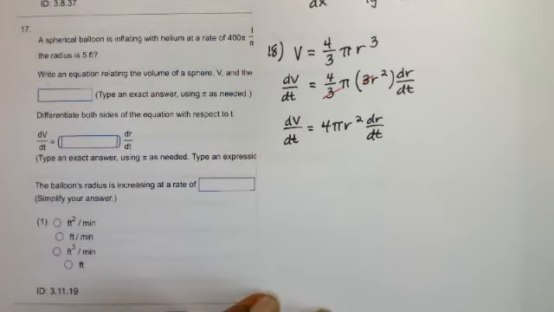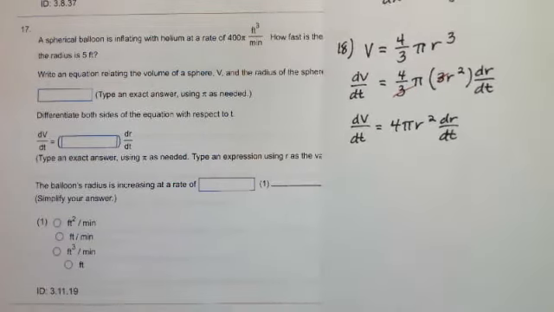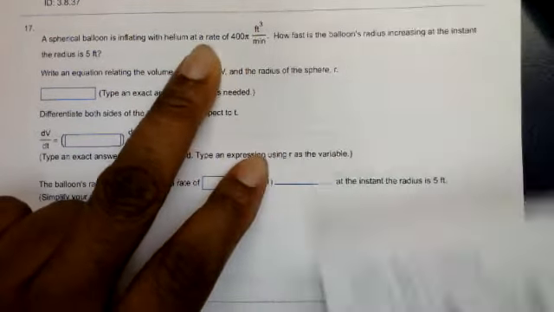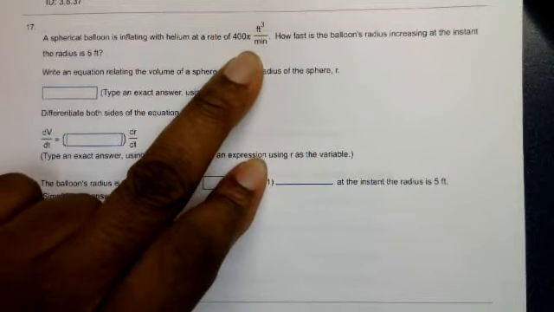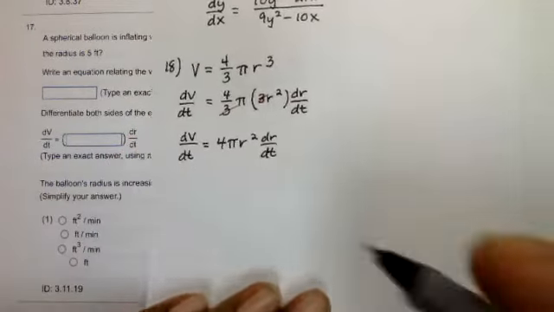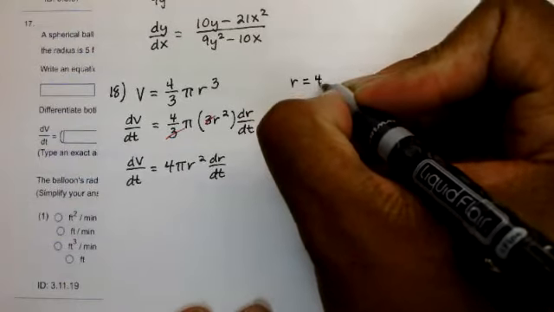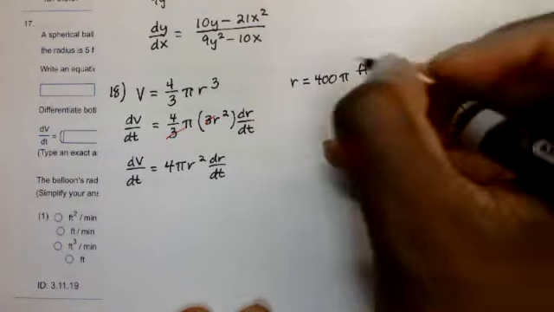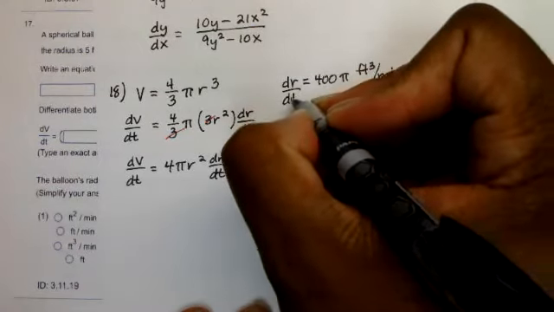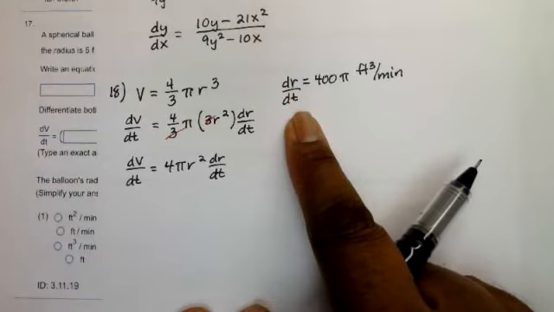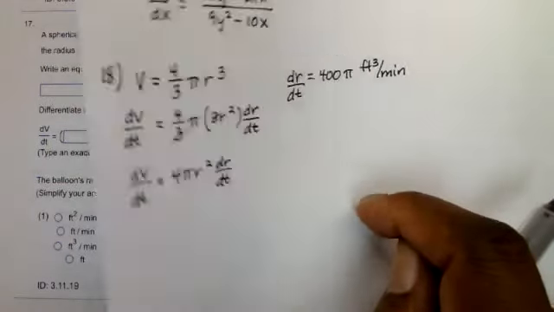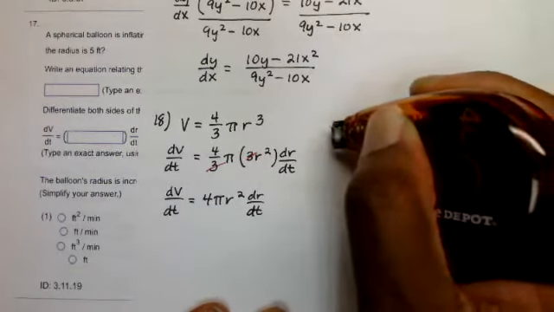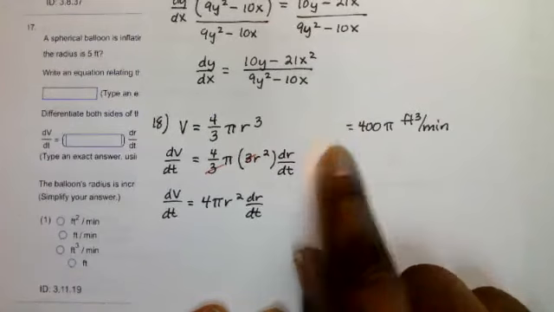Now we want to find out the rate that the balloon's radius is increasing. Let's look at what we're given in this problem. We are told that the balloon is inflating at a rate of 400 pi cubic feet per minute. So let me write this down. Oh, I apologize for that, because the volume is increasing at that rate.